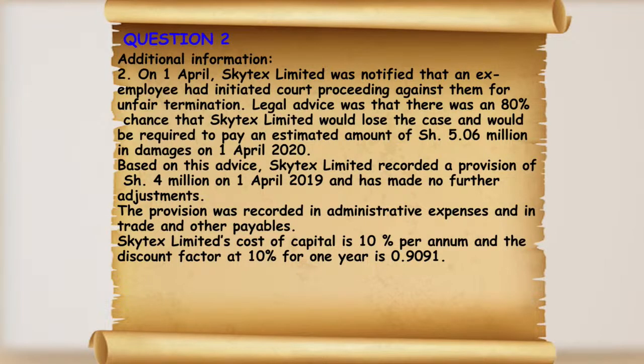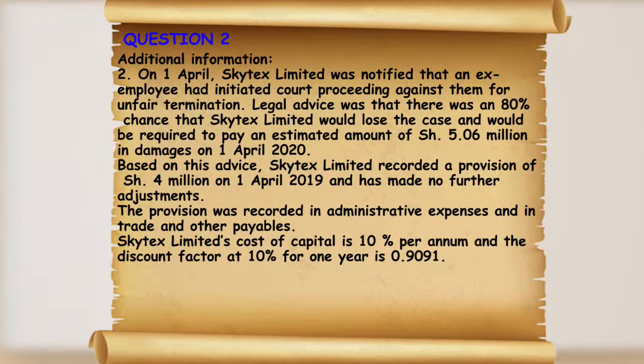Based on this advice, Skytex Limited recorded a provision of 4 million on 1st April 2019 and has made no further adjustment. So the provision was recorded in administrative expenses and in trade and other payables.